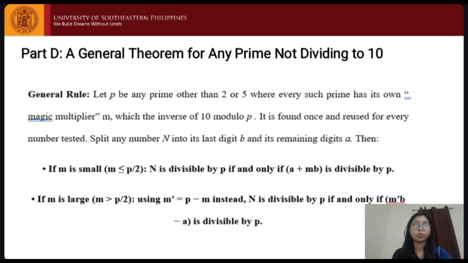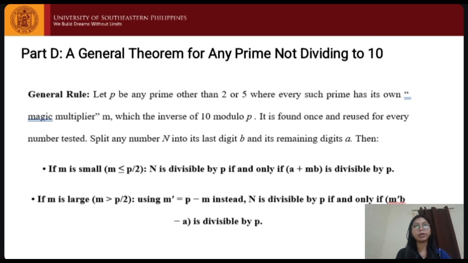N is equal to 10a plus b, where b is the last digit and a is the remaining digits. So if the multiplier m is relatively small, meaning it is less than or equal to 1/2 of the prime, we use the addition rule: a plus m times b.